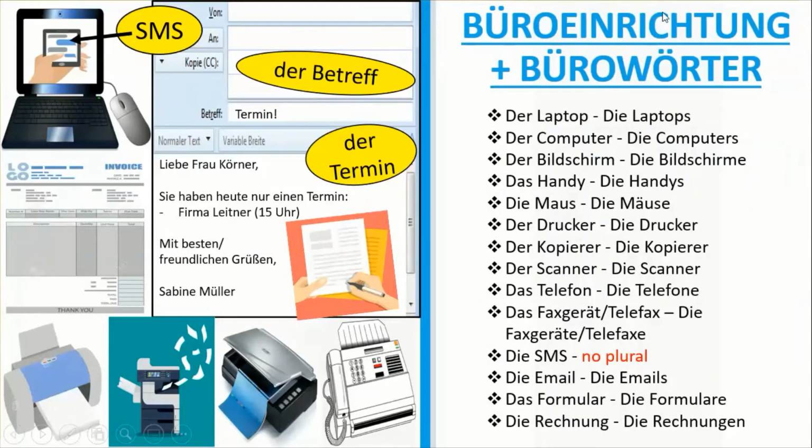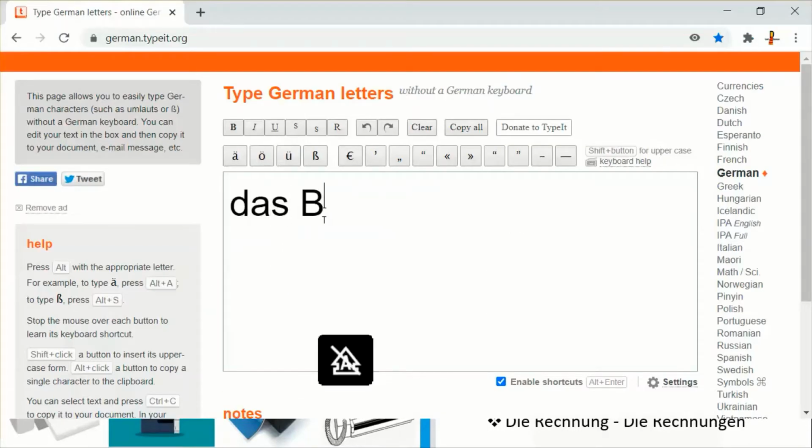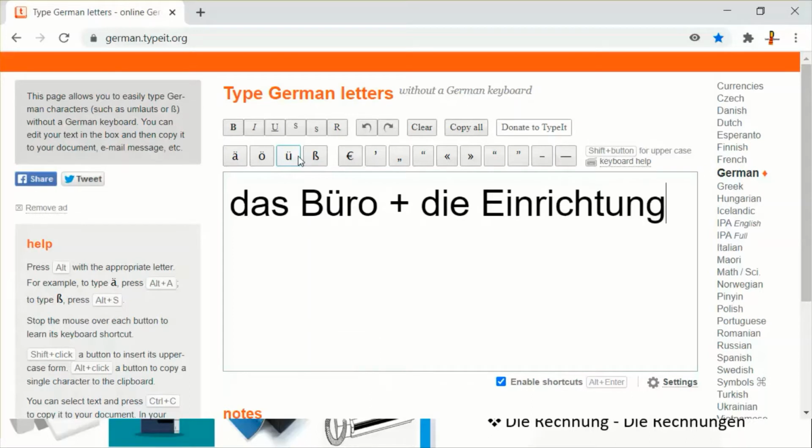The office equipment is a compound noun in the German language called die Büroeinrichtung, and it is made up of das Büro, which is the office, and die Einrichtung, which is the equipment or the furnishing.